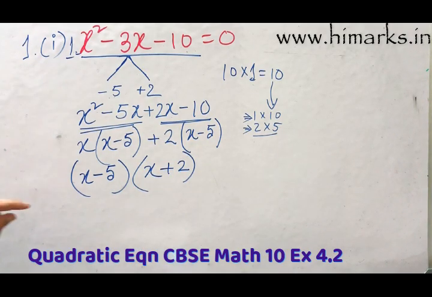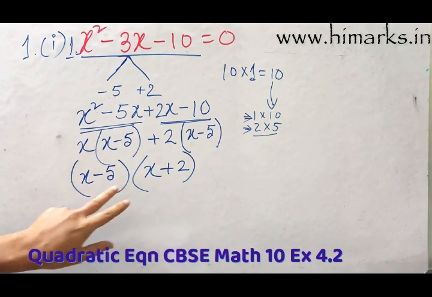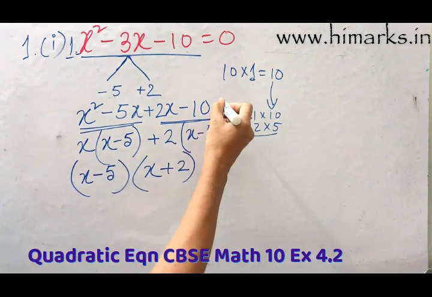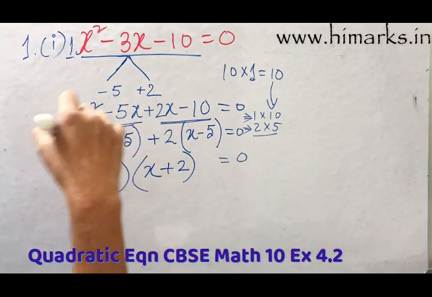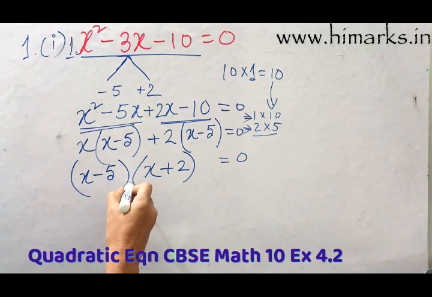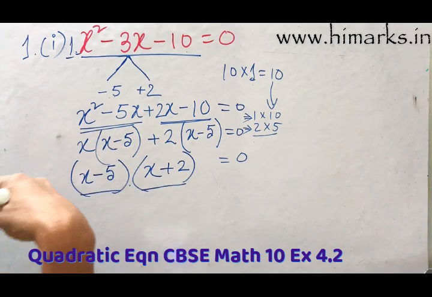Now if you multiply x into this, you get this part, and 2 into this, you get this part. So essentially here also we didn't change anything. Now the product of these two parts is 0. This is called factorization.